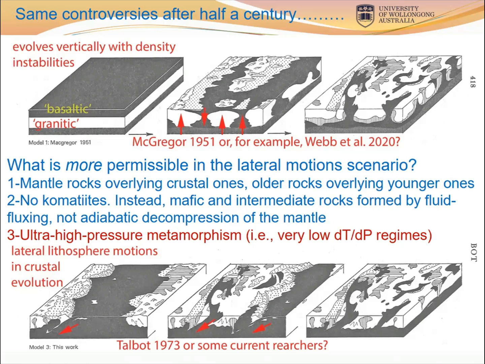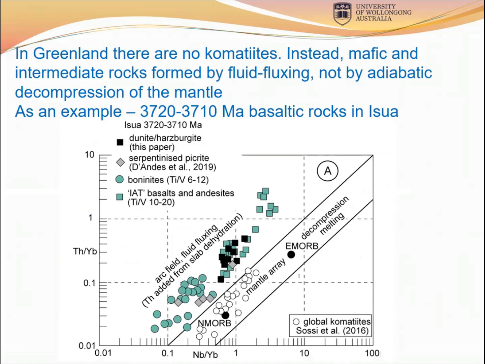So let's look at the geochemistry of some Eoarchean metabasaltic rocks. In Greenland, there are no komatiites. Instead, the mafic intermediate rocks are formed by fluid fluxing and not adiabatic decompression of the mantle. Taking analyses of basaltic rocks from Isua, with ages of 3,720 to 3,710 million years, they sit on this trace element plot in the arc field, where you've had fluid fluxing caused by thorium being added to the mantle by slab dehydration.